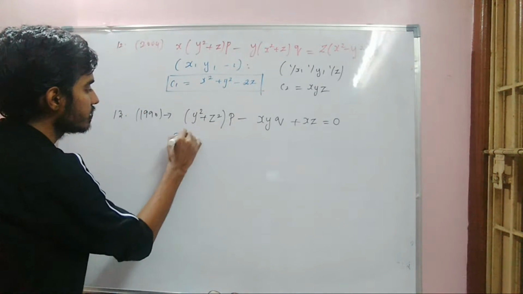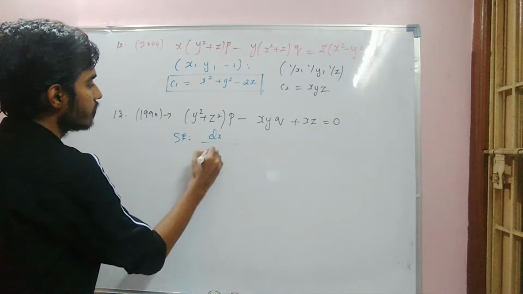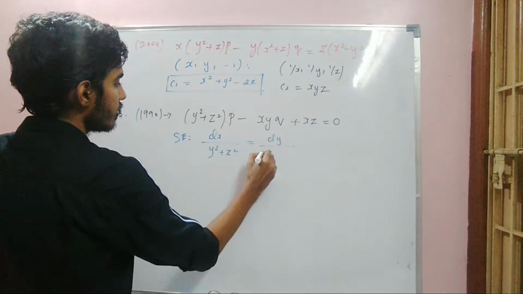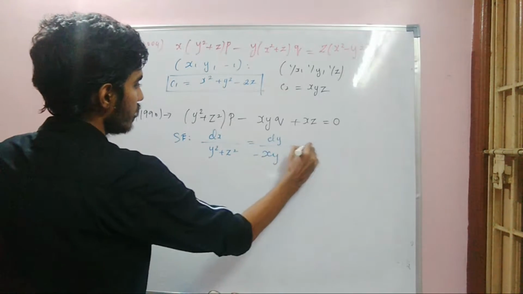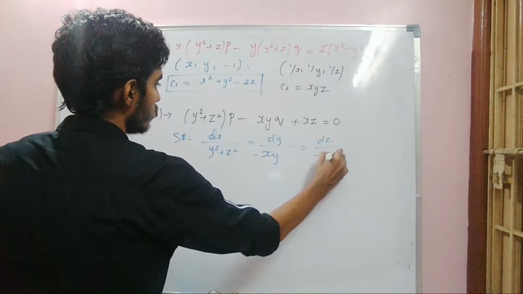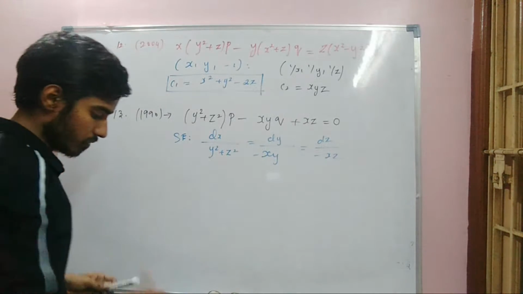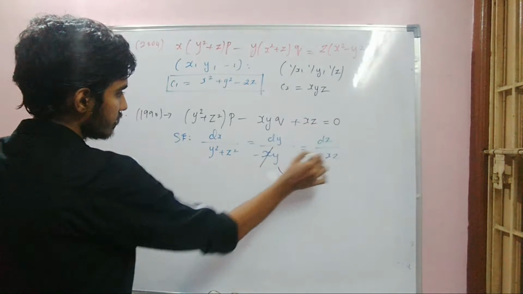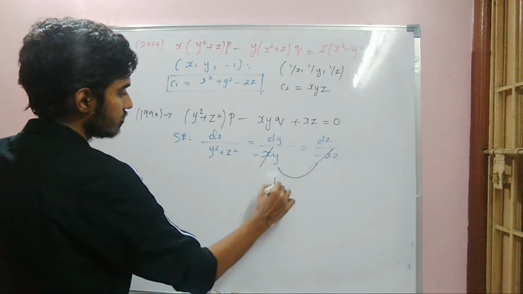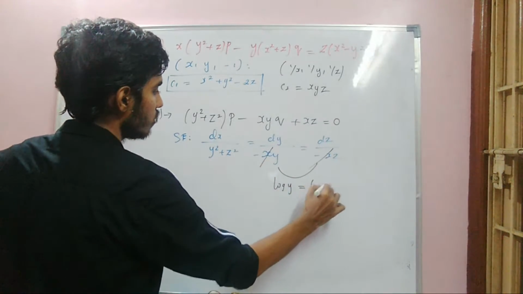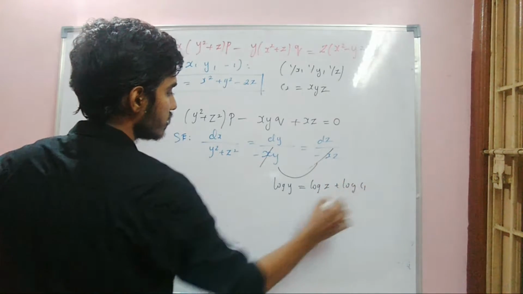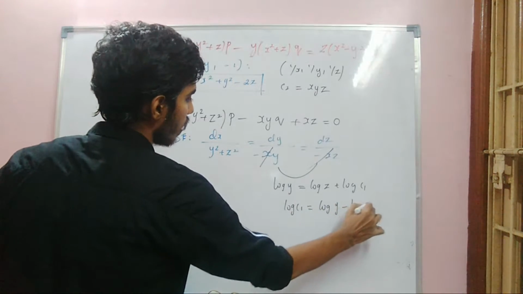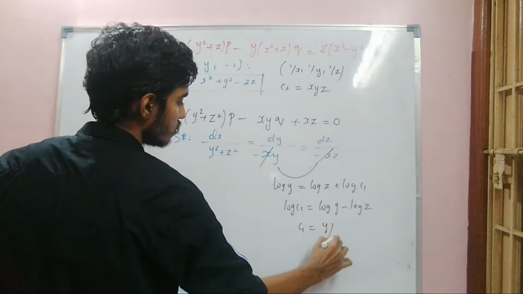You will get the subsidiary equation: dx divided by y square plus z square, dy divided by minus xy, dz divided by minus xz. If you group this term and this term, this minus x will get cancelled. So we integrate this, we will have log y is equal to log z plus log c1. Therefore log c1 is equal to log y minus log z. That means c1 is equal to y by z.